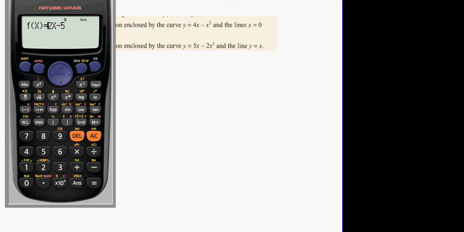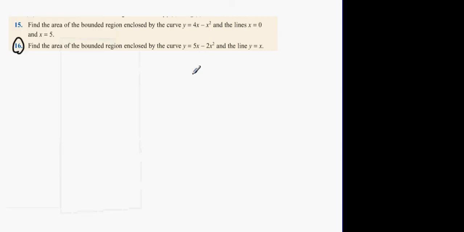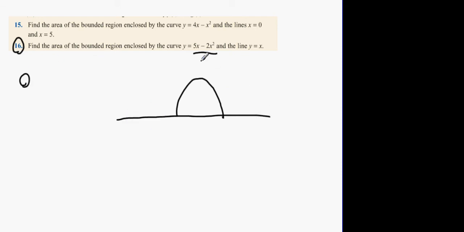Now, I have no idea where it crosses the x-axis yet, but I know what type of shape it is: an N shape, because of the minus x². If I put y = 0 down, what does y = 0 represent? Where does it cross the x-axis? So what I can do right away is figure out where it crosses the x-axis.